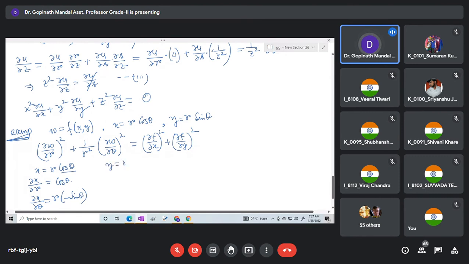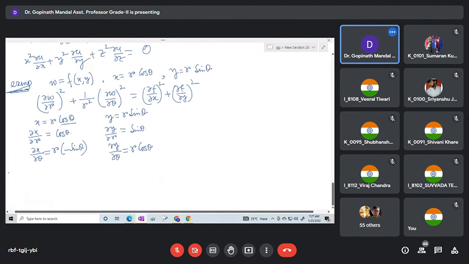Similarly, y equal to r sin θ. So ∂y/∂r is sin θ, the derivative of r being 1, and ∂y/∂θ, r constant, and the derivative of sin θ is cos θ. Now ∂w/∂r. w is a function of x, y.